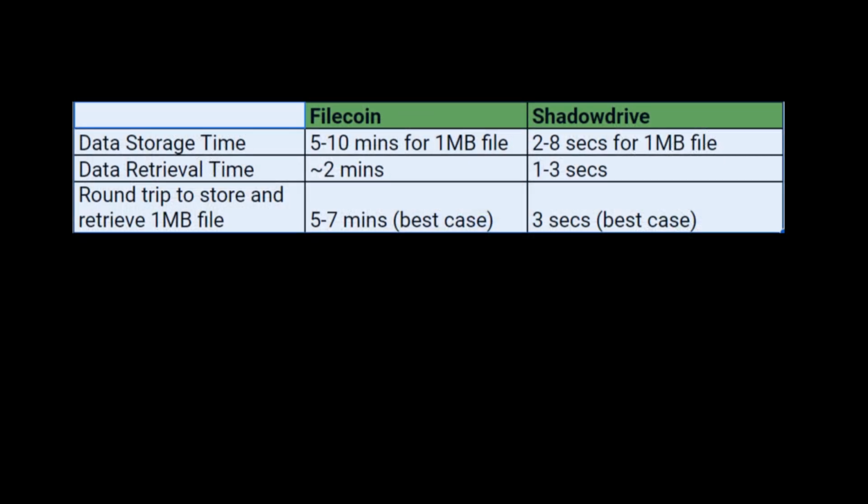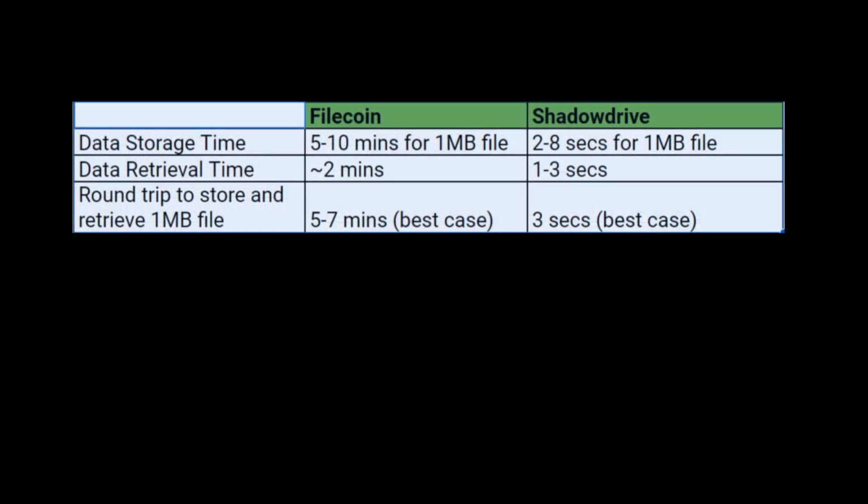The blog then presents several data points of comparison between Filecoin and Shadowdrive, out of which I took these three as they are the most relevant to the end user. Data storage time is around 5 to 10 minutes for a 1 megabyte file in Filecoin, whereas it is only 2 to 8 seconds on Shadowdrive. Data retrieval time is approximately 2 minutes on Filecoin, whereas it is 1 to 3 seconds on Shadowdrive.